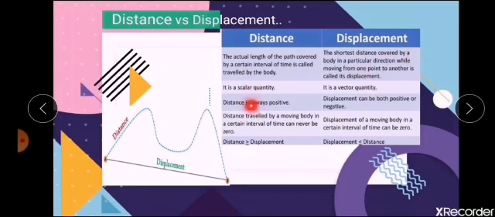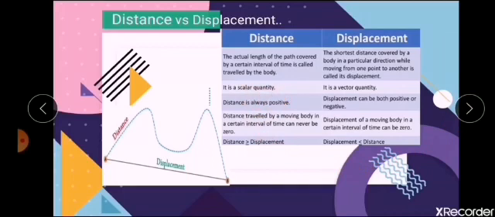Now distance, it is always positive. Displacement, it can be positive or it can be negative. Now distance can never be zero whereas displacement can be zero. For example, an object moving in a circular path, if it is returning back to the same position, means in a circle, if it is starting from a point, traveling the whole distance, it is coming back to the same point itself, means the shortest distance between them is zero.